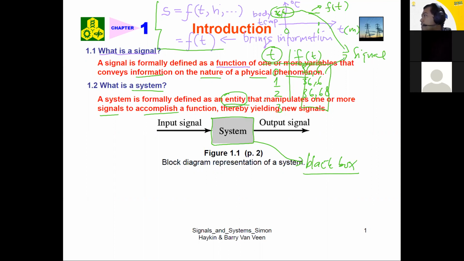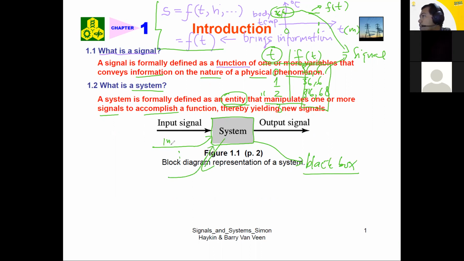But this system manipulates, which is the general term for processing. It processes the input signal, or manipulates the input signal. This input can be one or two, or more.